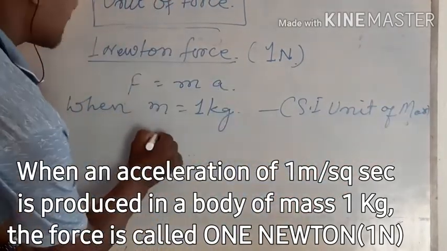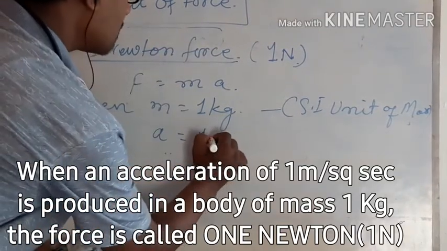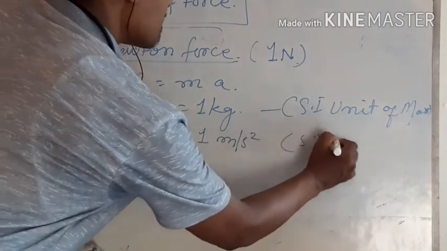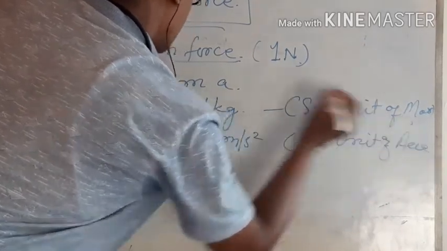And if the acceleration produced is 1 meter per second square, again this is the SI unit of acceleration, right?